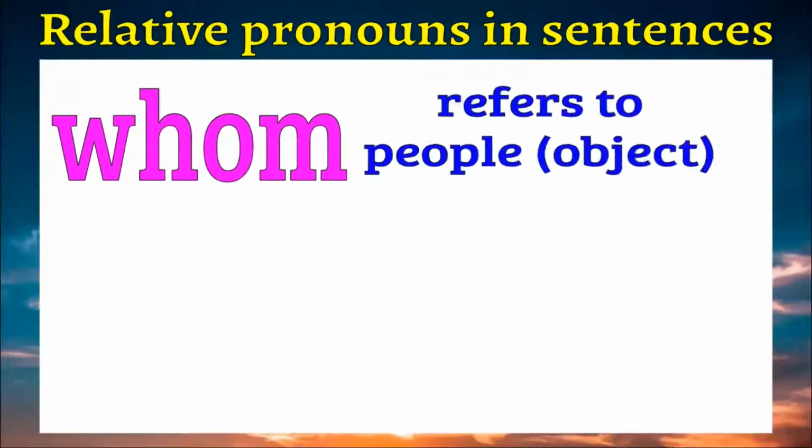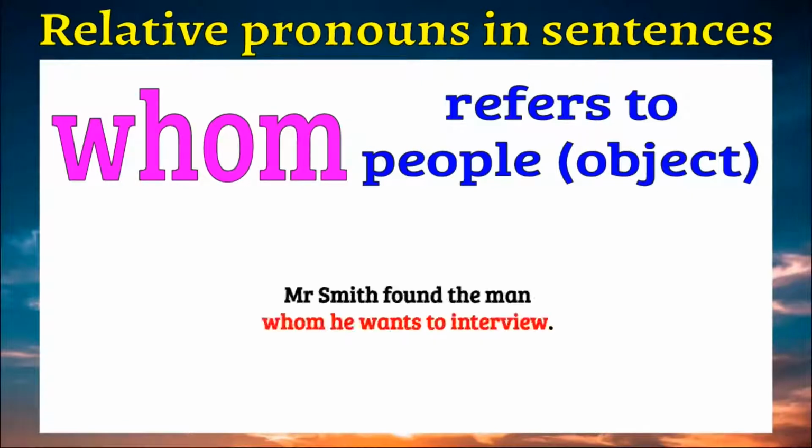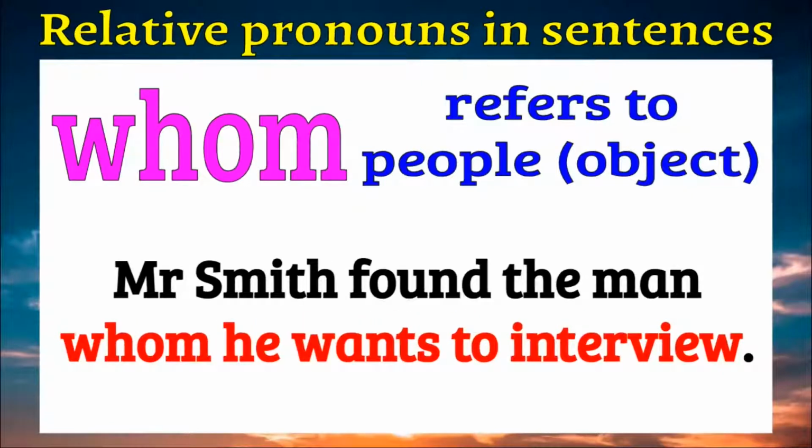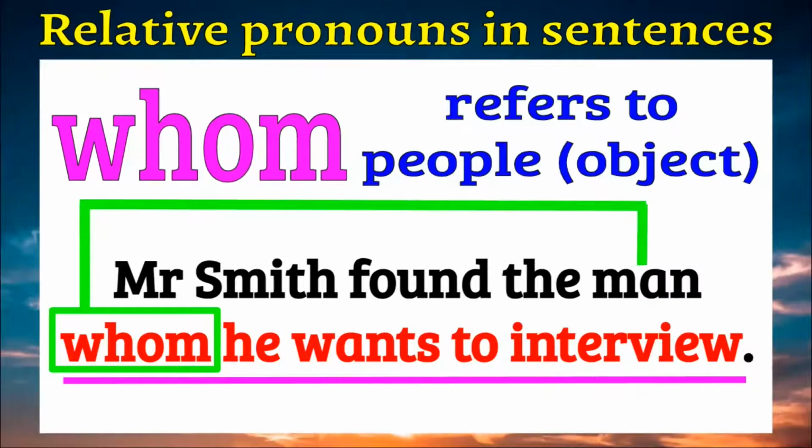Whom. It refers to people, the object of the sentence. For example, Mr. Smith found a man whom he wants to interview. The relative pronoun is whom. The relative clause is whom he wants to interview. Whom refers to man.